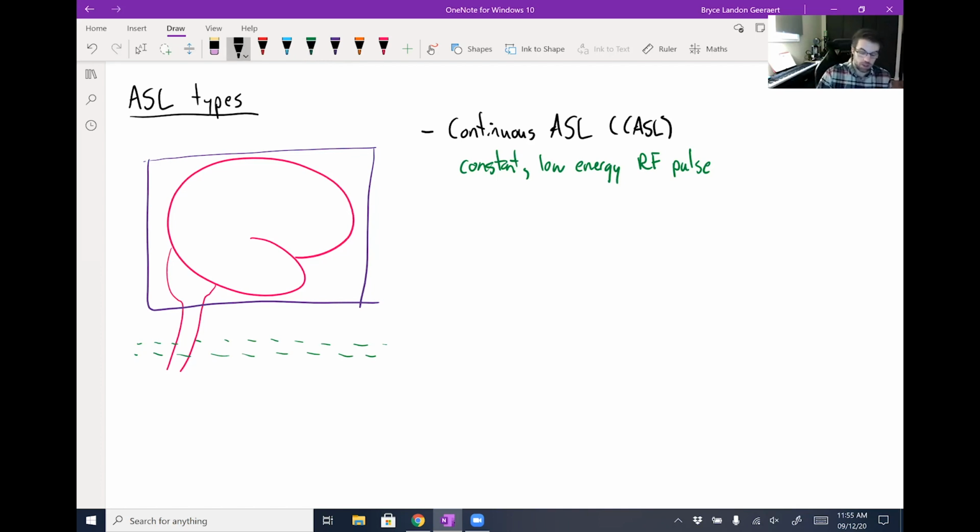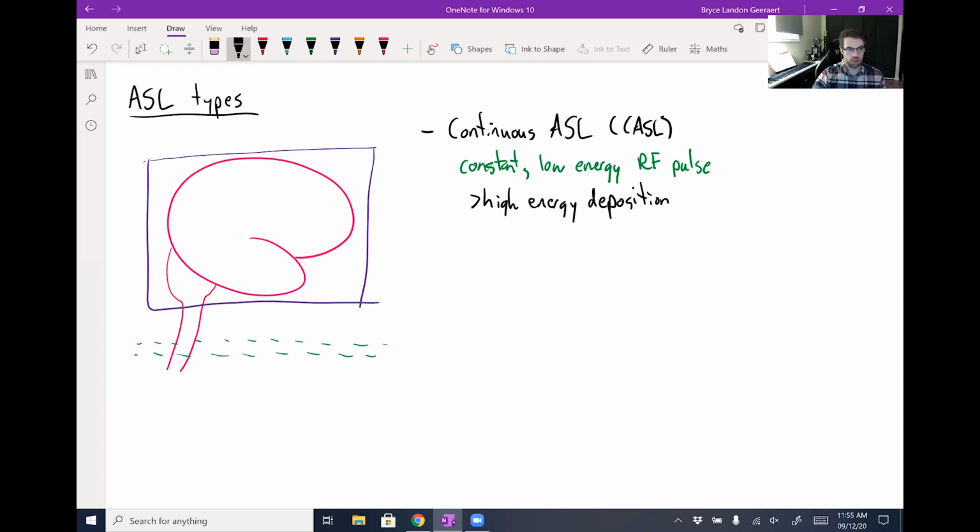But the issue with this technique is that it had high energy deposition. With powerful MR, obviously well outside the range of human imaging on modern scanners, but with a more powerful RF pulse, or a long enough RF pulse, there's a chance of tissue heating up over time as energy is deposited into the tissue.